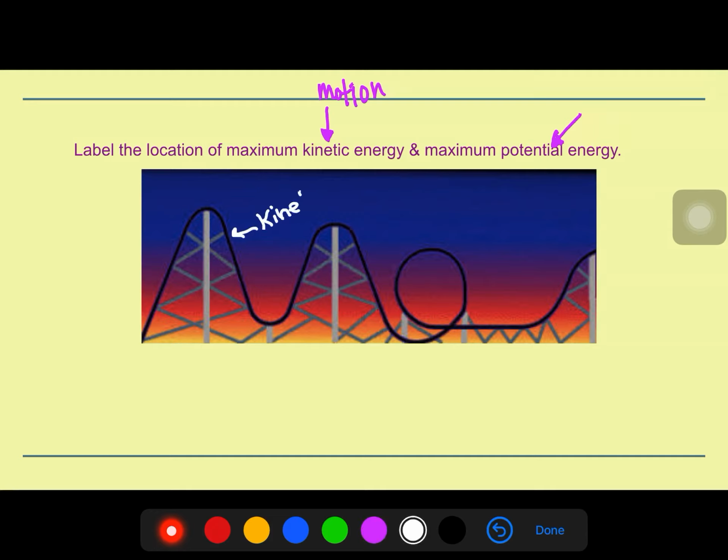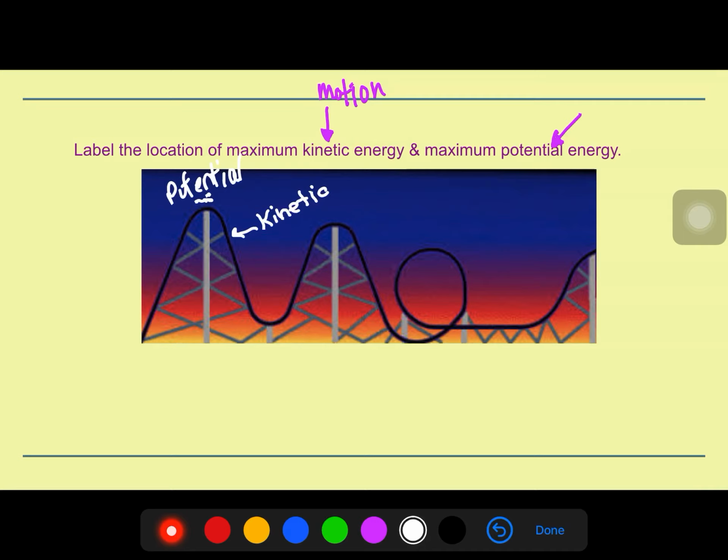That's the most kinetic, the moving energy. Where would there be the most potential energy? If you've ridden a roller coaster, you know you get to that little point right here at the top. The car gets to the top, there's this little stop, and all of a sudden you start going. That little hesitation, that's your potential energy.